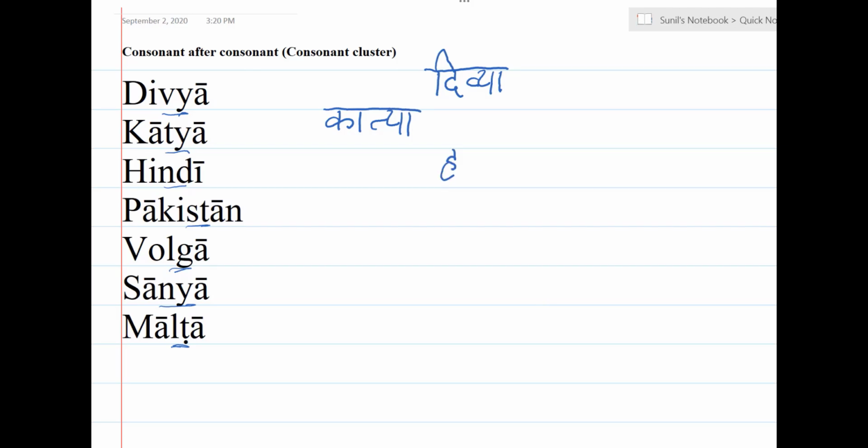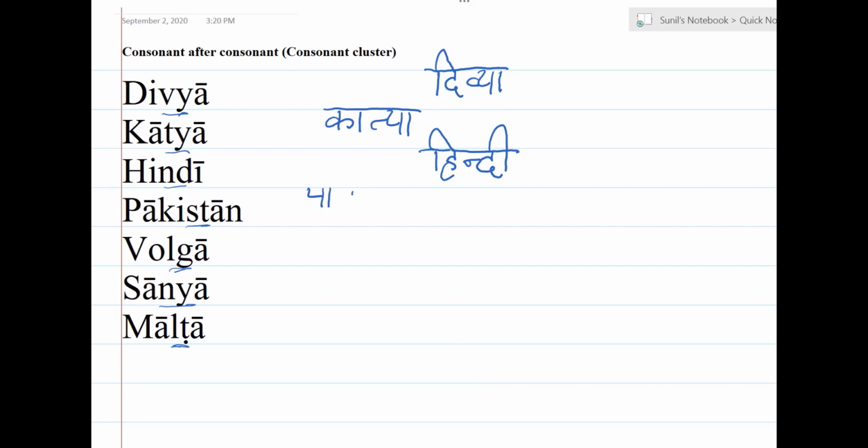Hindi. Ha has short i. And then the next consonant is na. But again, na is going to join with da. So you take off the vertical line. You write half na and then add da. And da has a long i. Hindi. Let's take the next one, Pakistan. So pa has long a, pa.